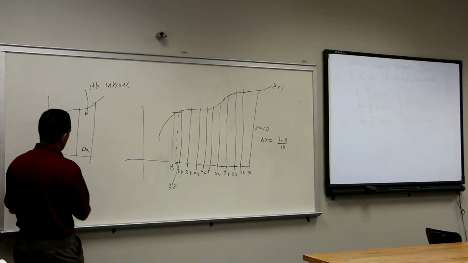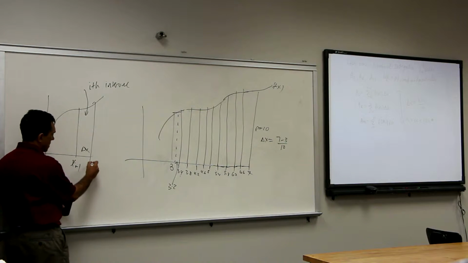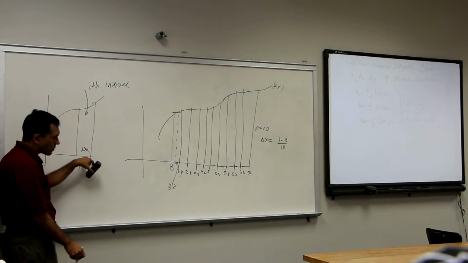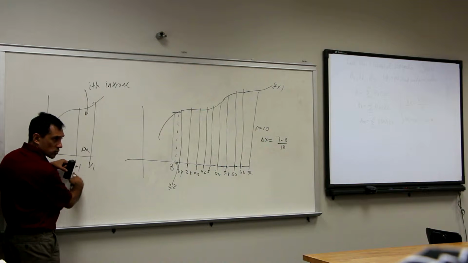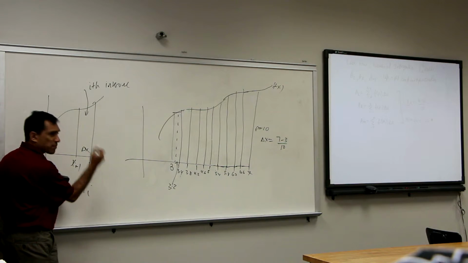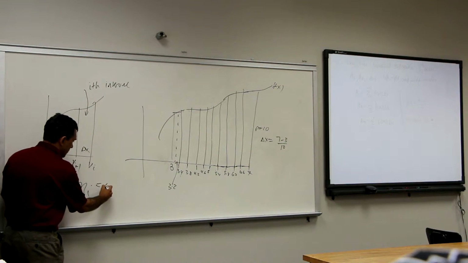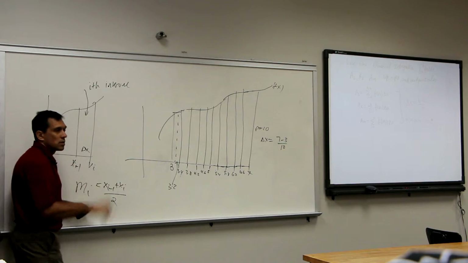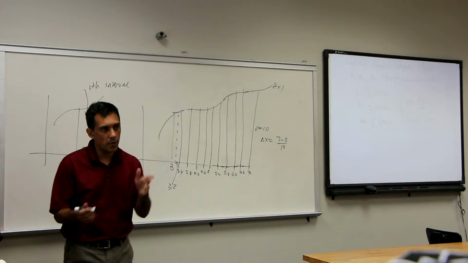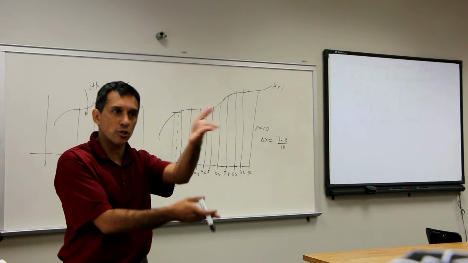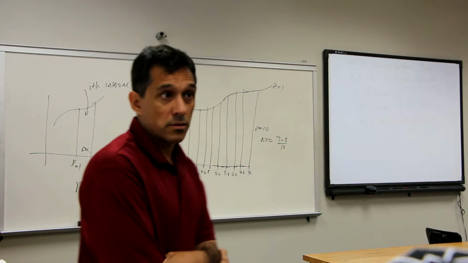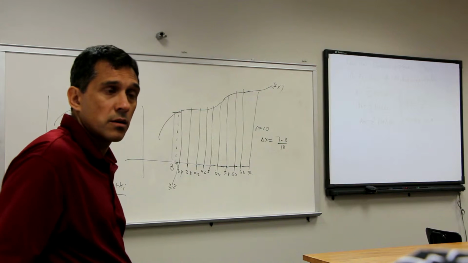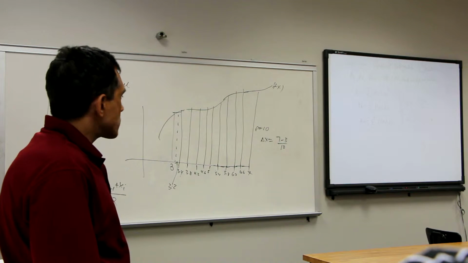On the ith interval, this would be x_{i-1}, and this would be x_i. If you want to know the midpoint, you will take the average of those two. The midpoint on the ith interval would be the average of those two. That's another way to do it. But you have to do it with the x's in your hand, depending on what they are. Okay.